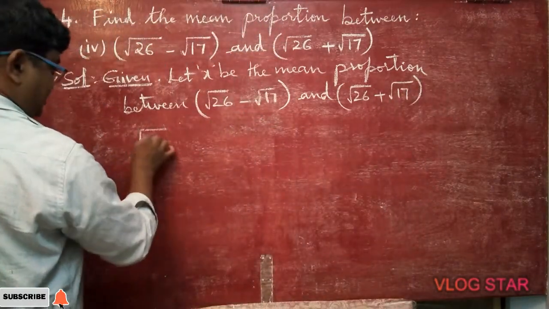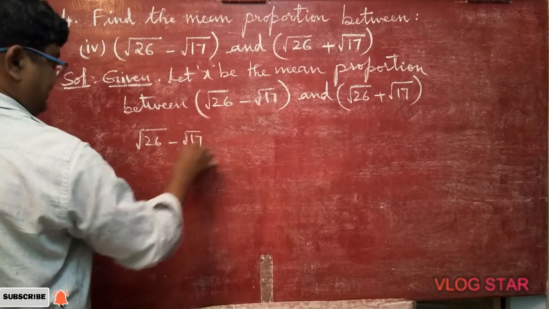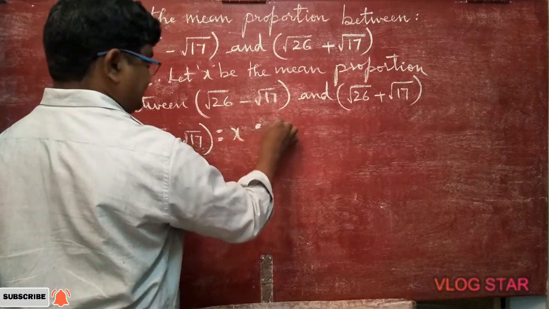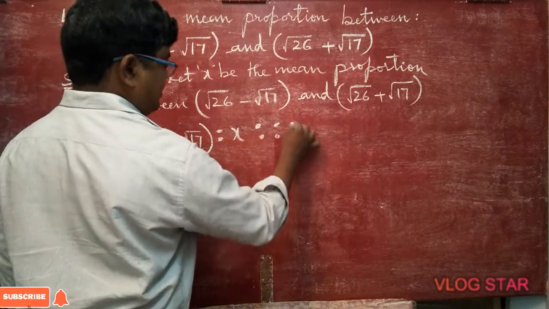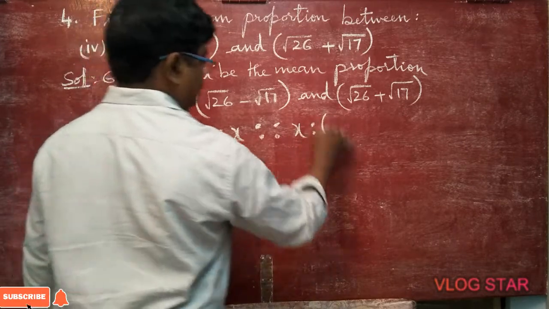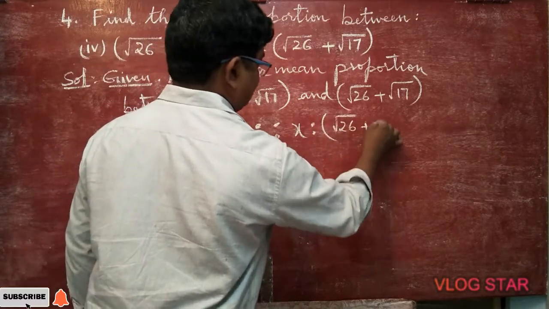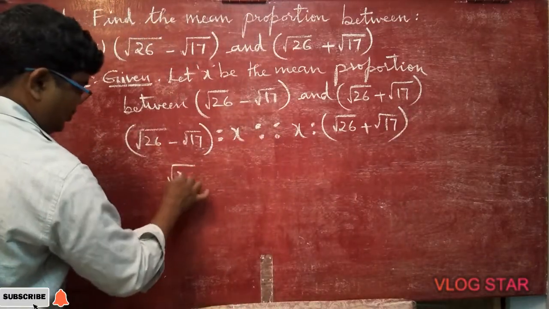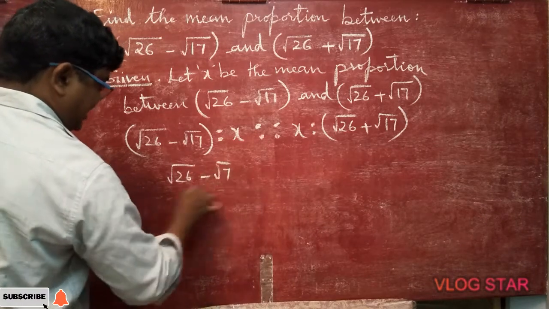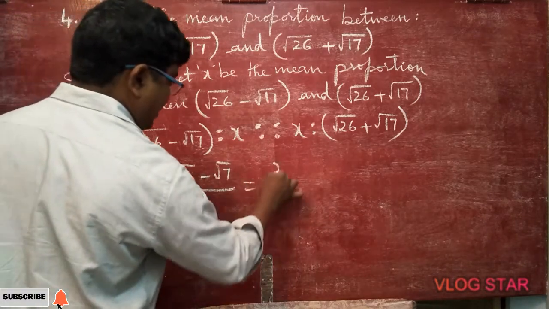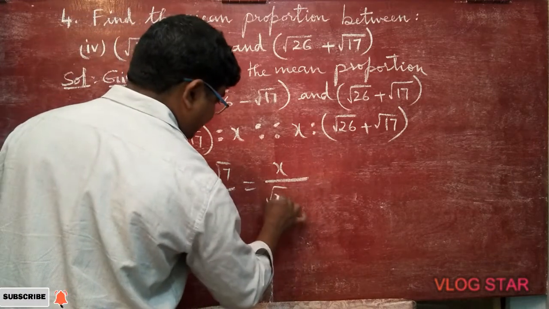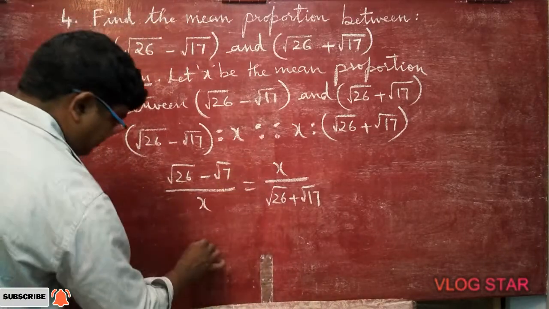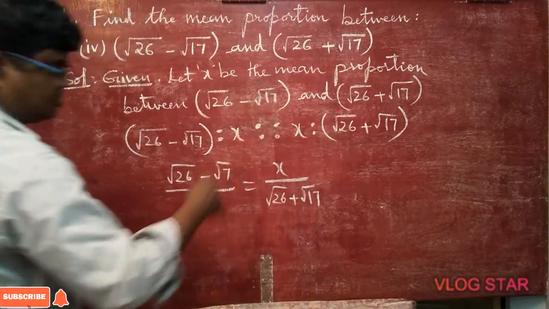So root 26 minus root 17 is to x as x is to root 26 plus root 17. Now another way of writing is root 26 minus root 17 by x is equal to x by root 26 plus root 17. Now cross multiply, or product of means is equal to product of extremes, that also you can do.